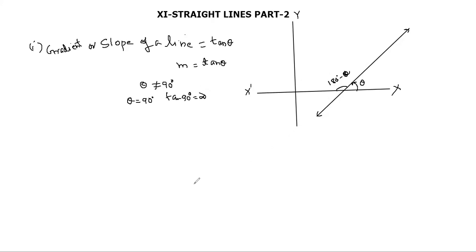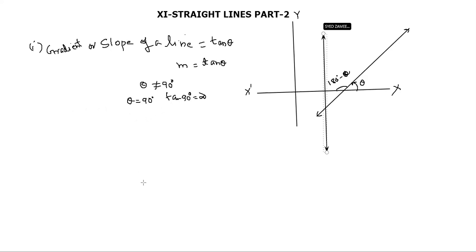If the line is like this, vertical, its slope is infinite, so we cannot represent this slope. So it should make some angle in the positive direction of the x-axis.